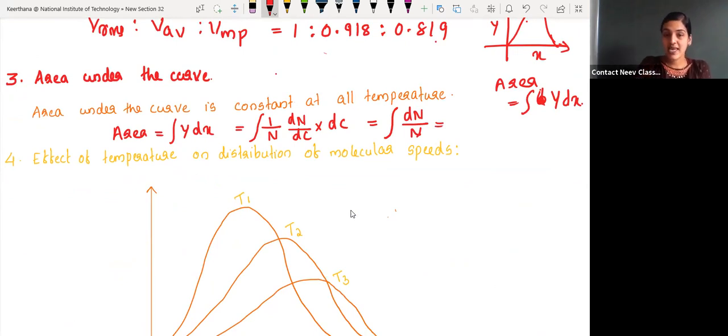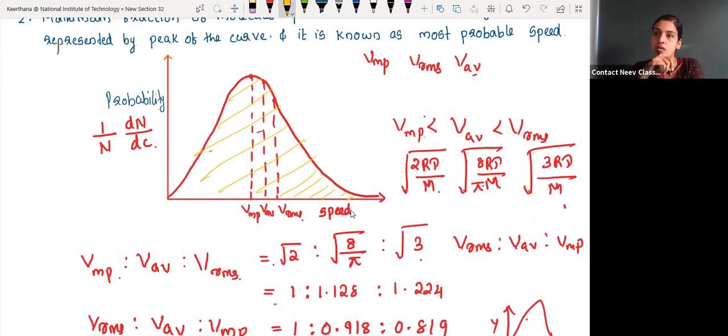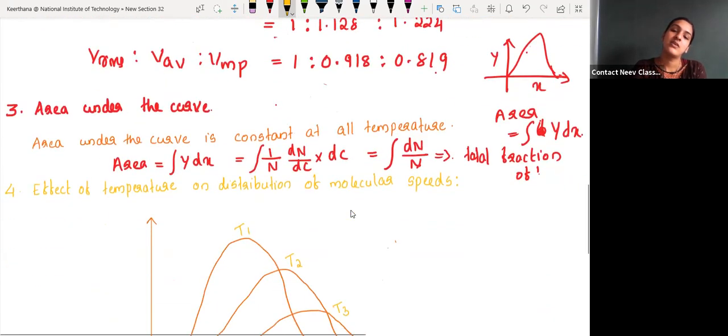So area under the curve represents the total fraction of molecules. What will be the area if I take the whole curve? What will be the value? Integral of a fraction, the whole fraction.